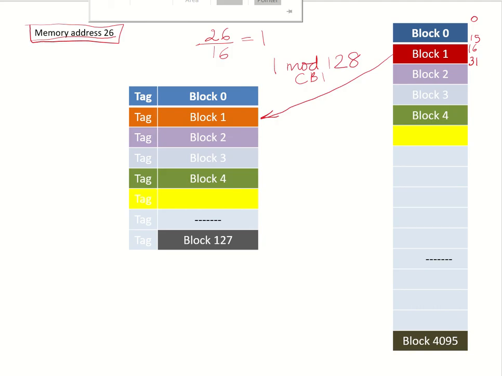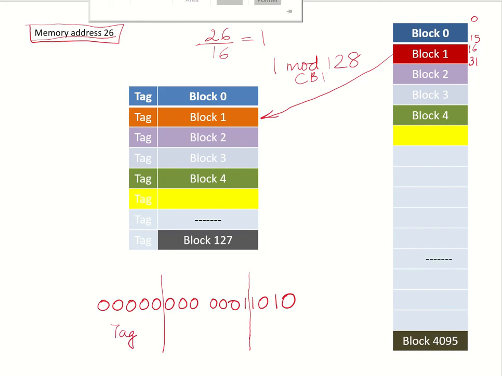How will this 16-bit address be specified for memory address 26? This is memory address 26. As we have seen in the previous slide, 4 bits will be needed to specify the word within a block, 7 bits are needed to specify which block it will be mapped to, and the remaining bits will be stored as tag.